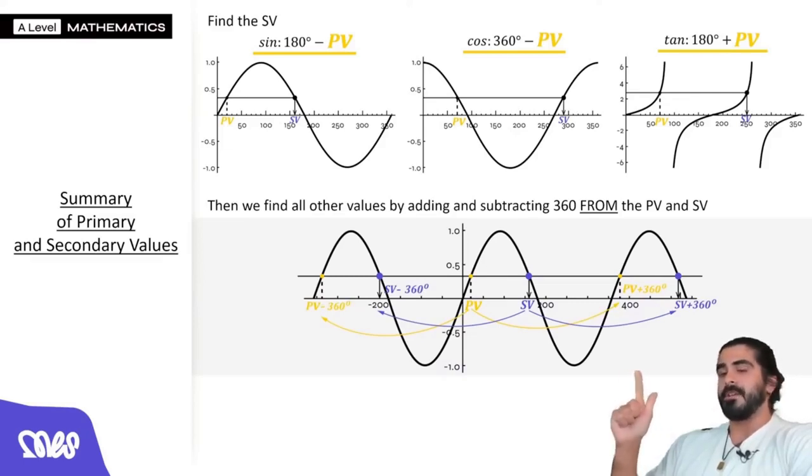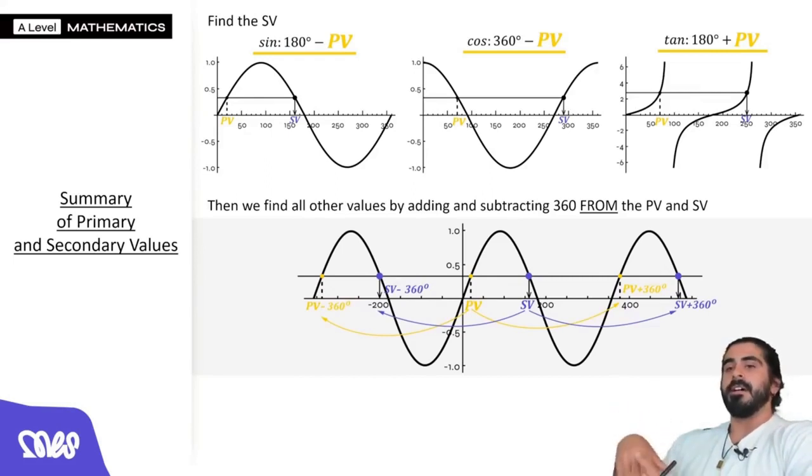The second step is you work out the secondary value using what's at the top. So if you've done inverse sine, you do 180 minus your primary value. If you're dealing with cos, you do 360 minus the primary value. If you're dealing with tan, we didn't draw the tan graph, but you can see it on my diagram there, you always do 180 plus.